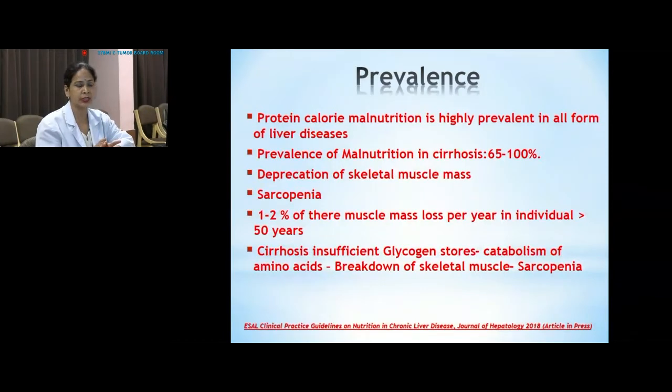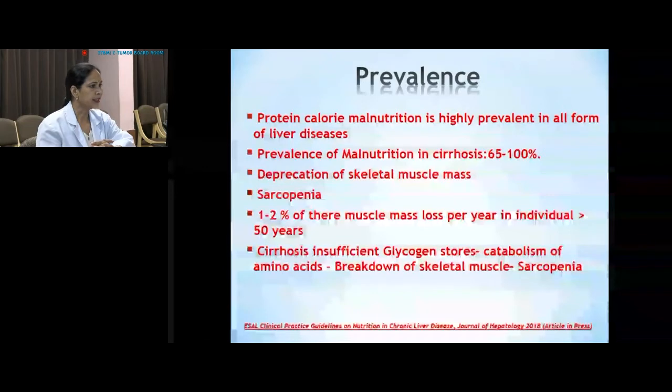Protein calorie malnutrition is highly prevalent in all forms of liver disease like NASH, NAFLD, liver cirrhosis, acute liver failure and chronic liver failure, including DCLD. 65 to 100% of patients come under malnutrition, maybe class 1, 2 or 3.